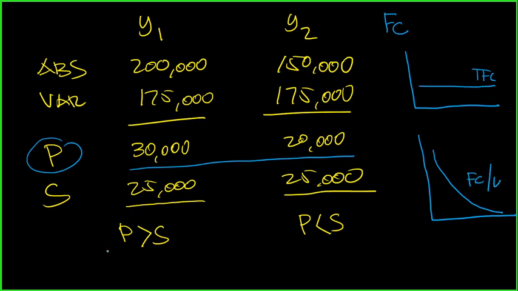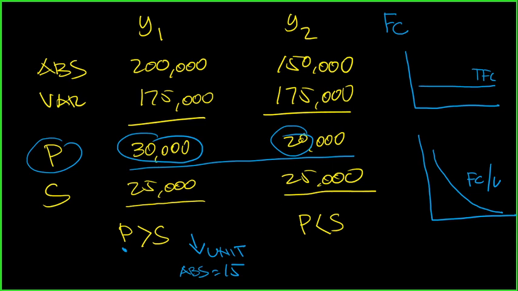Yun yung nangyari dito. The more units that you produce, production greater than sales, if you compare this 20 versus 30, more units produced, you will have lower unit cost. The unit cost under absorption costing for this one is 15.